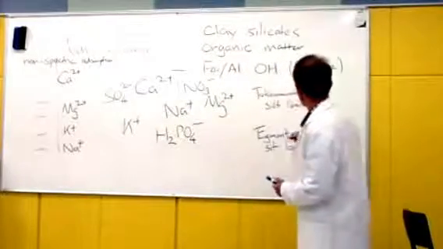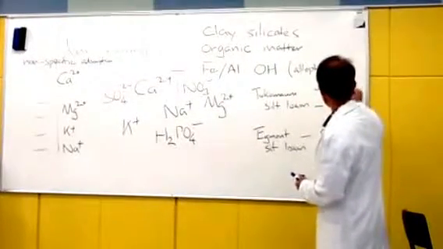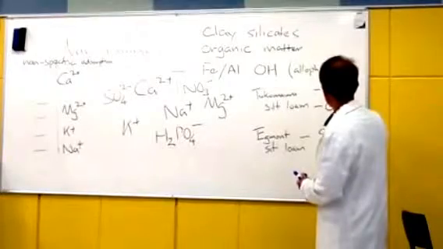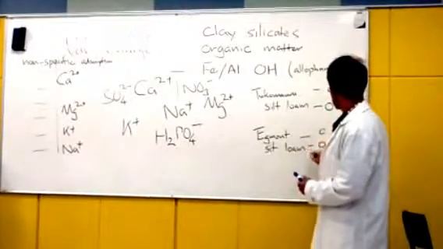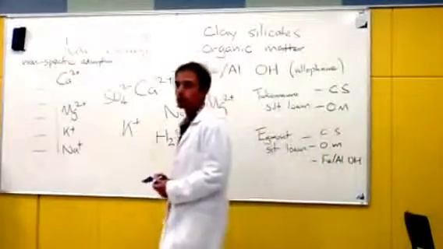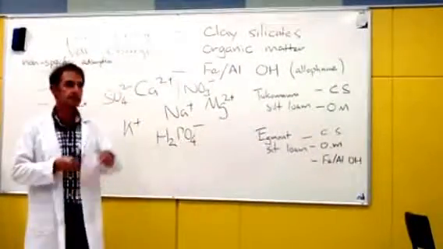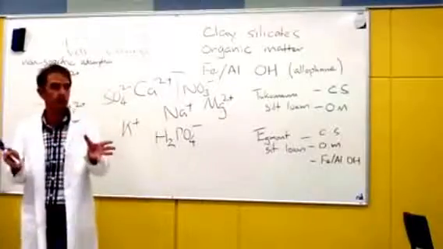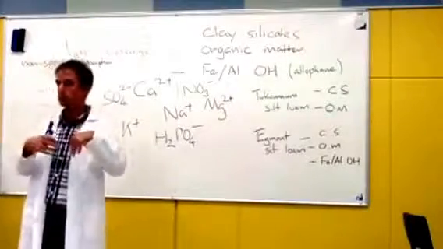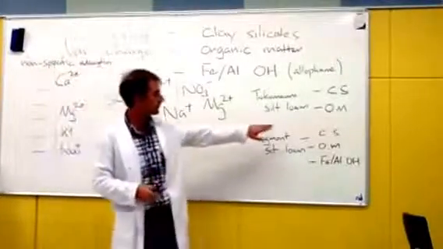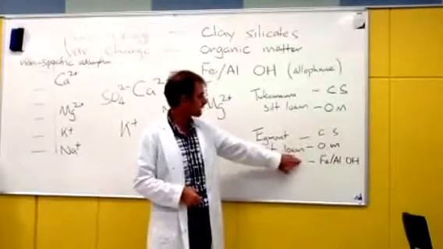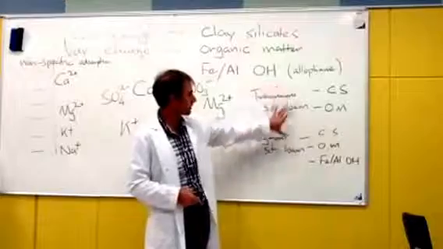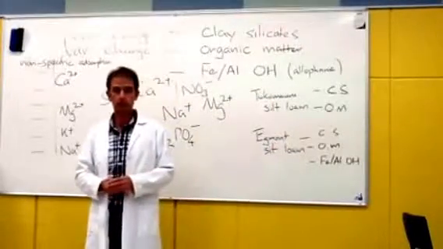They are going to break down and give us clay silicates, and we're going to develop organic matter, but we're not going to have nearly as much iron and aluminium hydroxide. We'll have some because we get some volcanic activity from Ruapehu that blows this way, but nowhere near as much in the Tokomaru soil as we find in the Egmont soil.